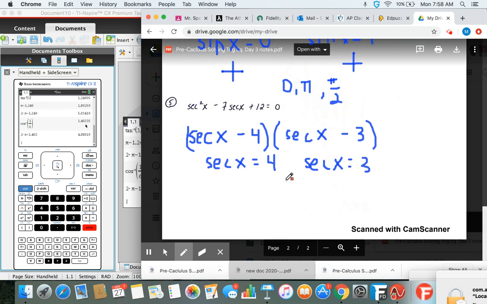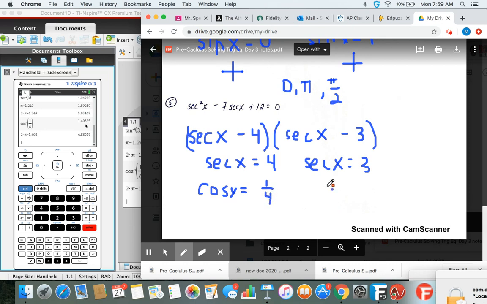But again, we're not going to work with secant. We're not going to work with cosecant or cotangent. We're always going to take the reciprocals and work with sine, cosine, or tangent. So in this case, secant is the reciprocal of cosine. So 1/4 is going to be an angle that I have to figure out its reference angle of, or value I have to find.